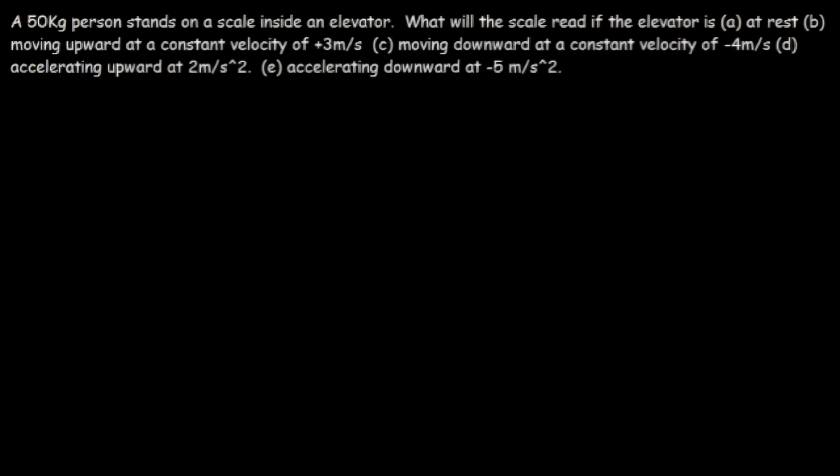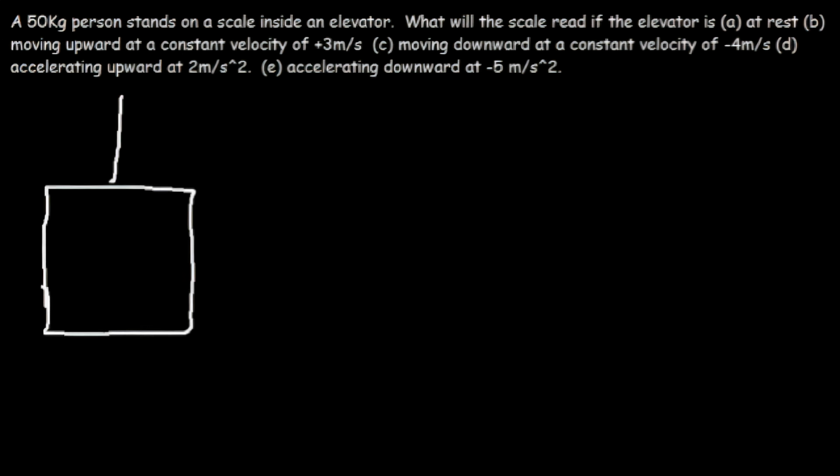Now let's go over the elevator problem. So let's say a person is in an elevator and they're standing on a scale. What will the scale read if the elevator is at rest? So if the elevator is not moving at all, the scale is going to read the weight of the person, which is simply mg.